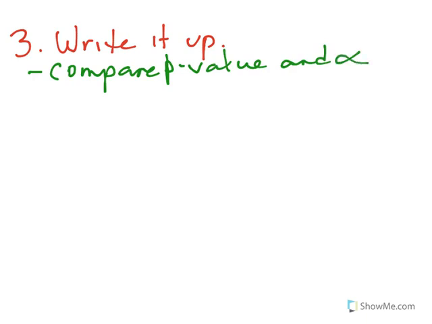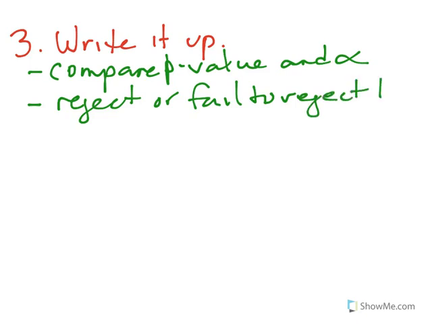Now, if you don't have a level of significance given, then describe your p-value as being small enough or large enough to, wait for it, reject or fail to reject your null hypothesis. That would make a great starting sentence for your conclusion. Try this. The p-value, 0.002, is less than the 5% level of significance, so there's enough evidence to reject the null hypothesis. Right? One more sentence and we're done.